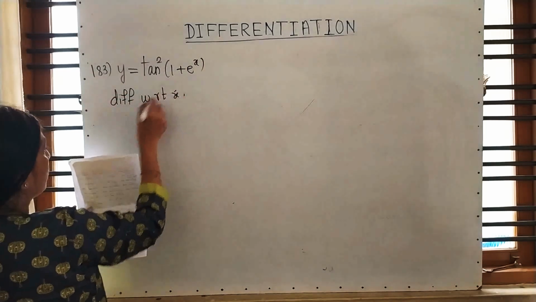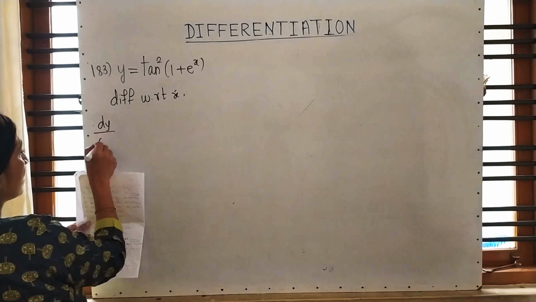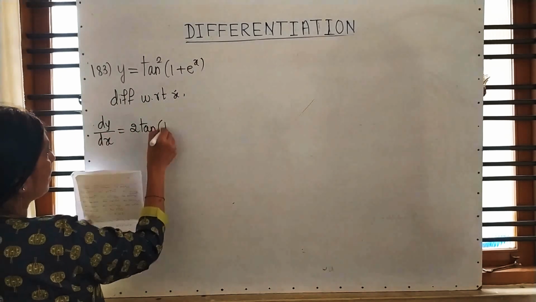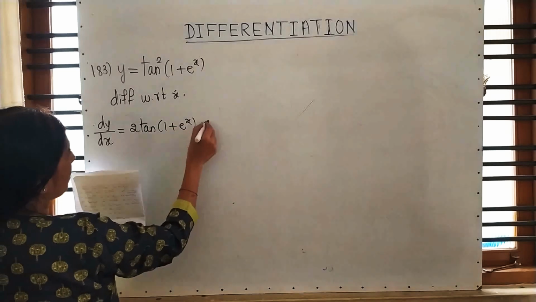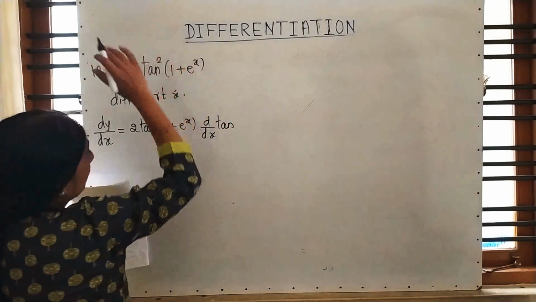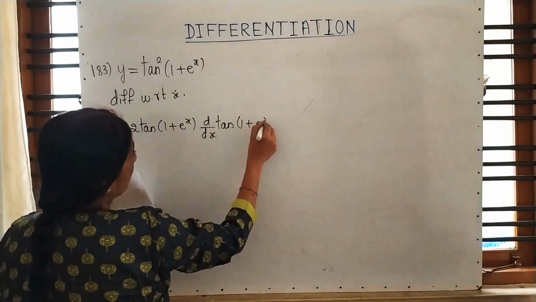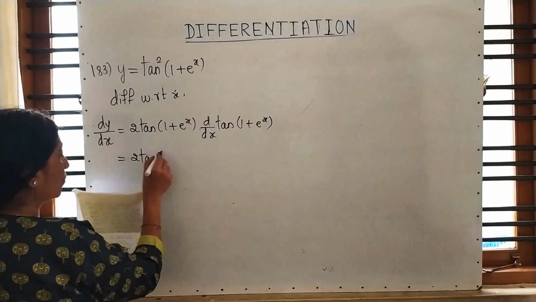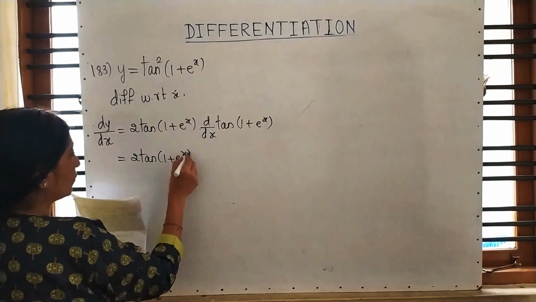Differentiating with respect to x, dy upon dx is 2 tan of 1 plus e raised to x into the differentiation of the complete expression covering the power, tan of 1 plus e raised to x.